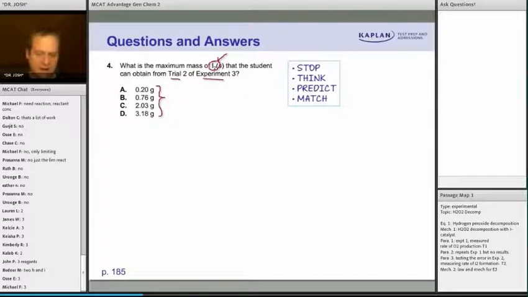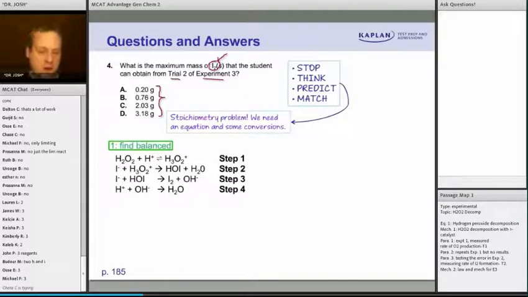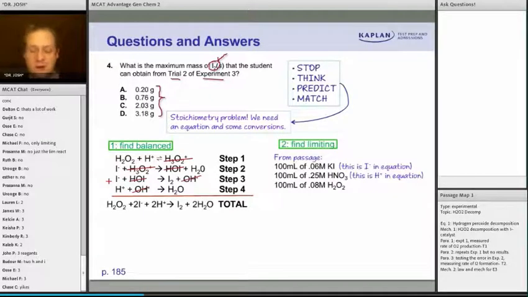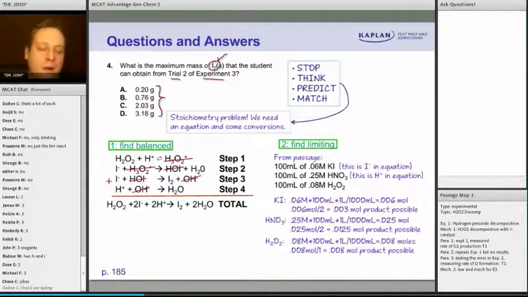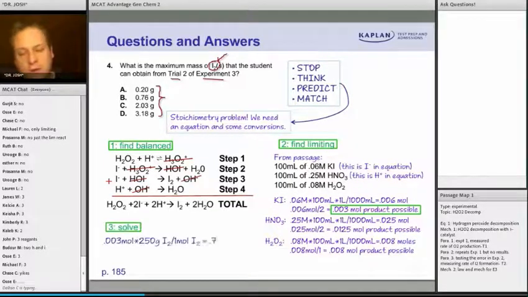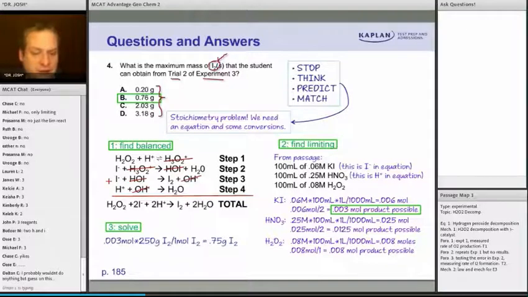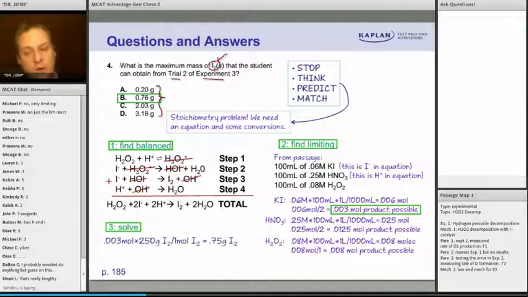We look back at experiment 3 and experiment 2, there is nitric acid, there is potassium iodide, there is H2O2. So we have 3 reagents and they give us volume. So note, for us to solve this one, we're going to have to set up a balanced equation. Then we're going to have to find our limiting reagent, and it turns out our limiting reagent here is potassium iodide. And then we're going to have to convert from potassium iodide over to grams of iodine, and then we're done.